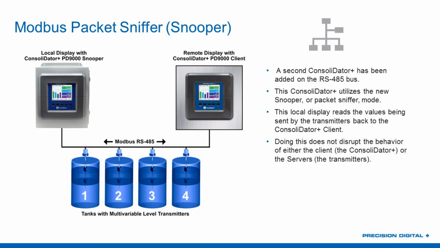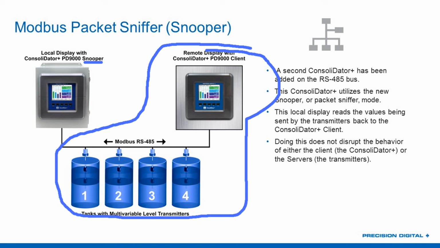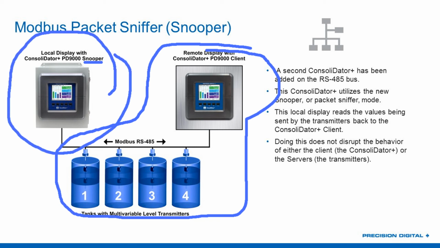Then I'm going to set it up for snooper mode, which means it's going to sit quietly on this bus and look for only the information I tell it to look for, and it's never going to talk. So nothing here will ever know that I snuck this Consolidator Plus onto that bus. I don't have to change any of the programming anywhere else in this network.